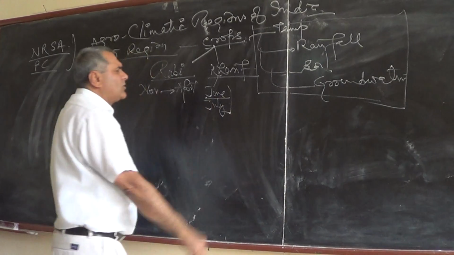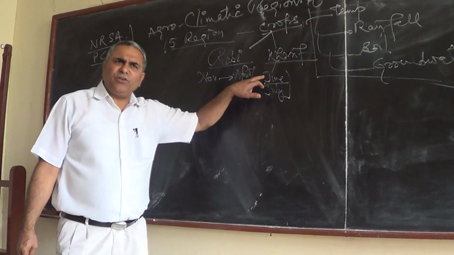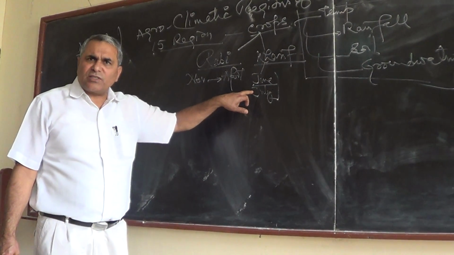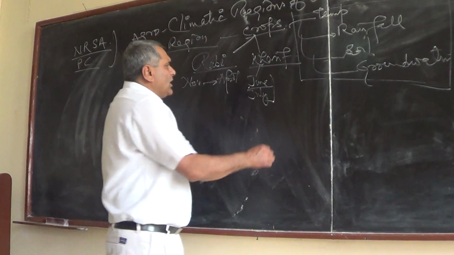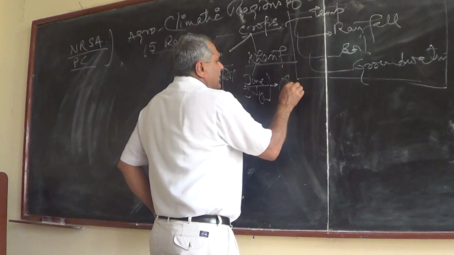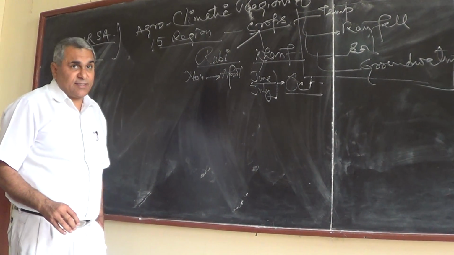Actually it is rain controlled. Wherever the rain comes in June, in southern part of India it started in June. In northern part of India the southwest monsoon arrives in July. And it goes up to say October. So these are the 2 major cropping seasons.